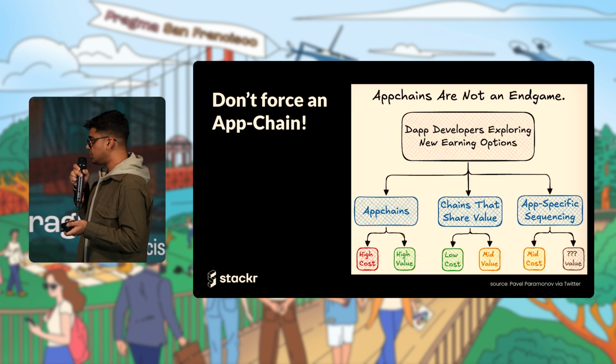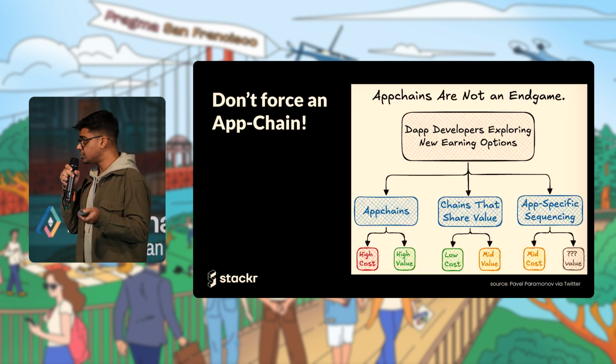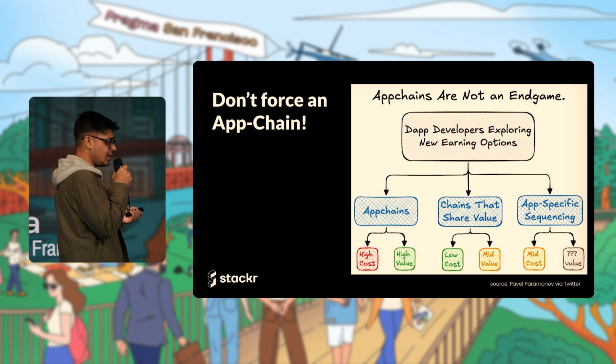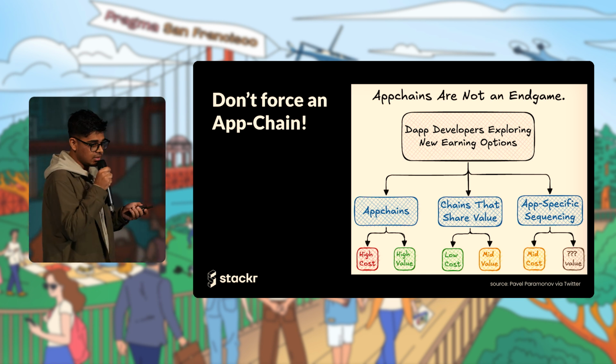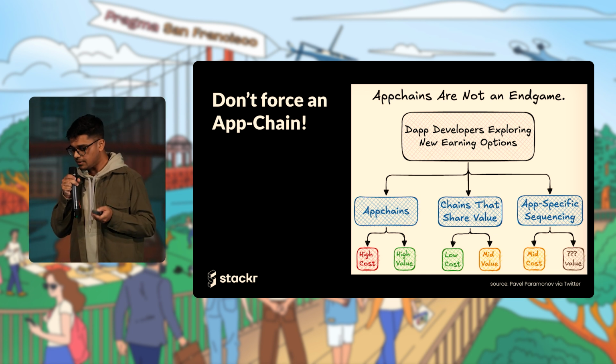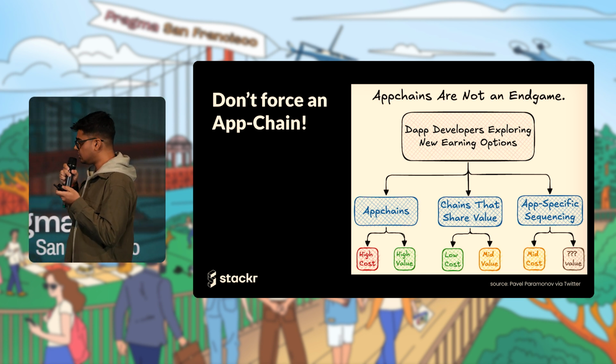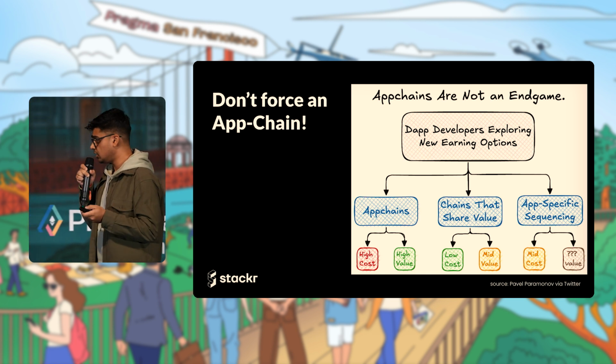And this is another thing wherein you don't force an app chain. The app chain should come naturally, and app chains are definitely not the end game, but you can think about the different trade-offs. So launching an app chain has a very high cost, but you also capture high value, and that's a decision that links back to the 3 questions.